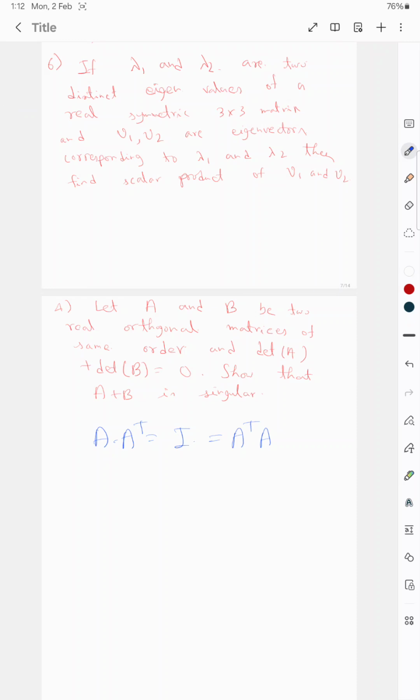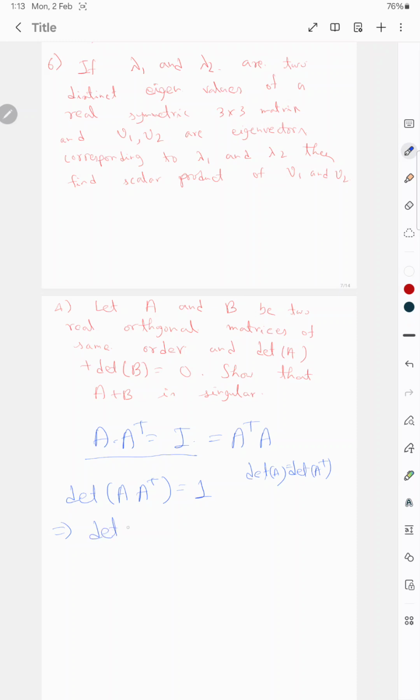Now the thing is, whenever you have determinant of A transpose, this is equal to determinant of A also. So remember, whenever you have an orthogonal matrix, the determinant of A will be either 1 or minus 1. Why? If you take determinant on both sides, A into A transpose equals determinant of I, that is 1, right?